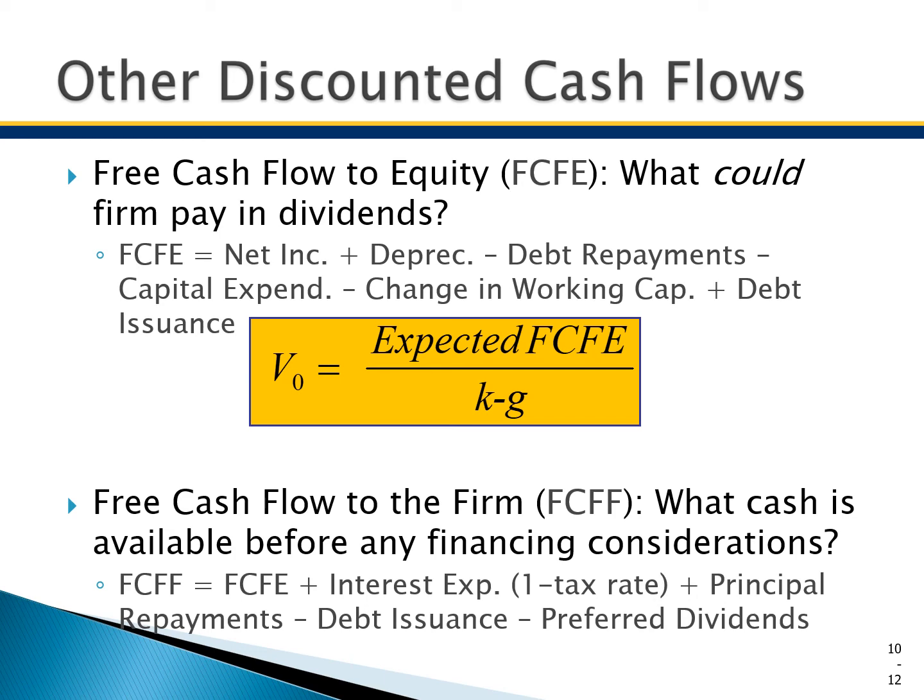So we will get free cash flows to the firm, which will help us to determine what amount of cash is available to the firm before they go for any type of financing options, or getting finance from any source, whether debt or equity.